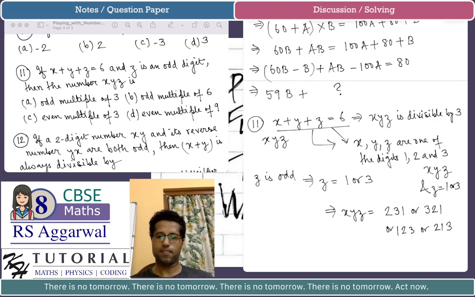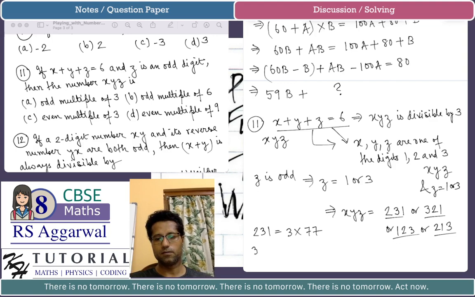Okay, so these are the four possible numbers xyz. Now consider 231. Definitely it will be a multiple of 3. So 3 multiplied by 77.